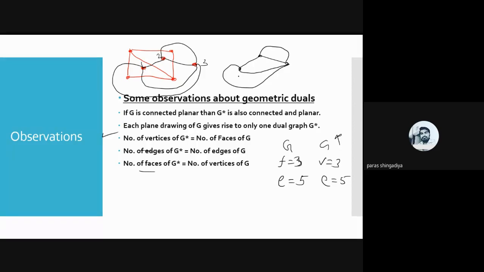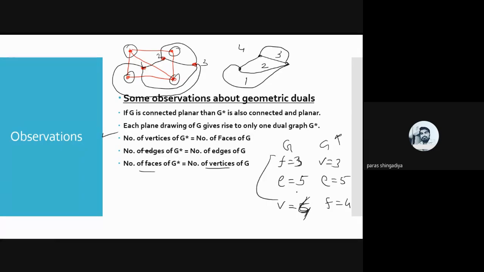So how many faces does the graph G star contain? It is 1, 2, 3 and 4. Okay, 4 faces are involved, so f is equal to 4. And how many vertices does the graph G have? That is 1, 2, 3 and 4. So they are the same.